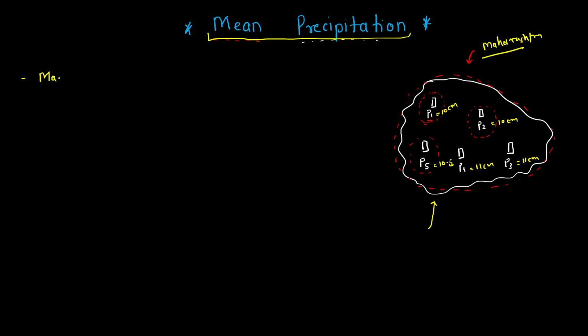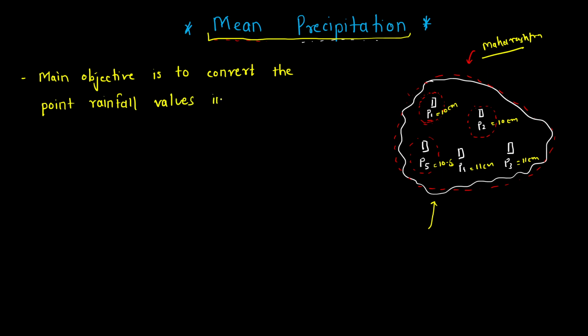The main objective is to convert the point rainfall values into an average value over catchment.